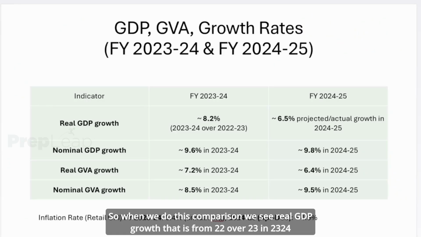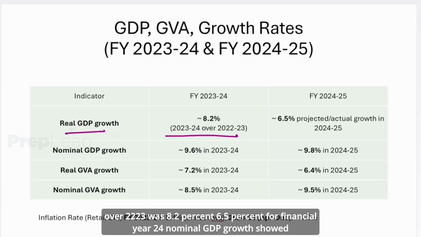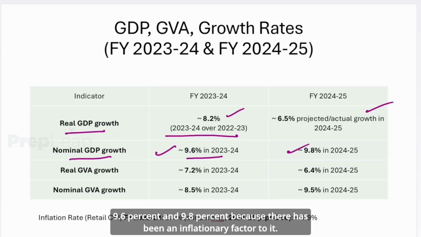So when we do this comparison, we see real GDP growth, from 22 over 20, 23-24 over 22-23, was 8.2%, 6.5% for financial year 24. Nominal GDP growth showed 9.6% and 9.8% because there has been an inflationary factor to this.